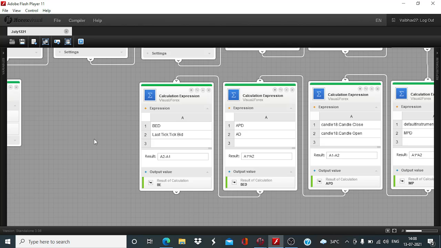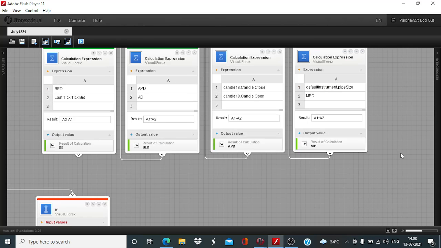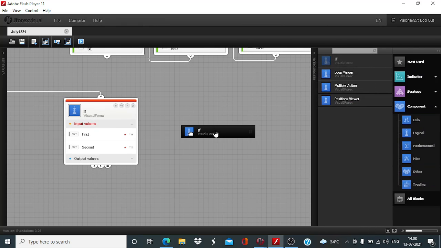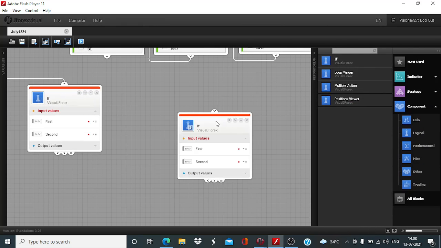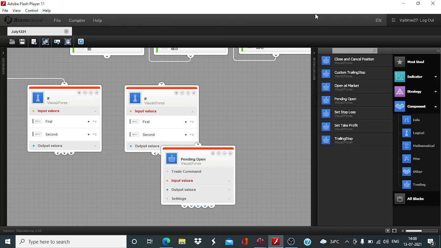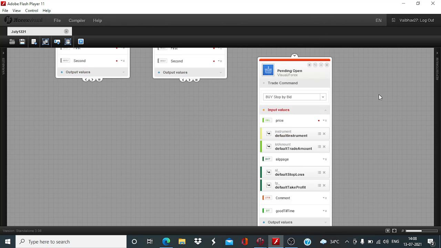So order will be placed whenever we have the price rising above the last hourly candle close. It is going to be fairly simple. I will have to add trade command block pending open, which is going to be buy limit.